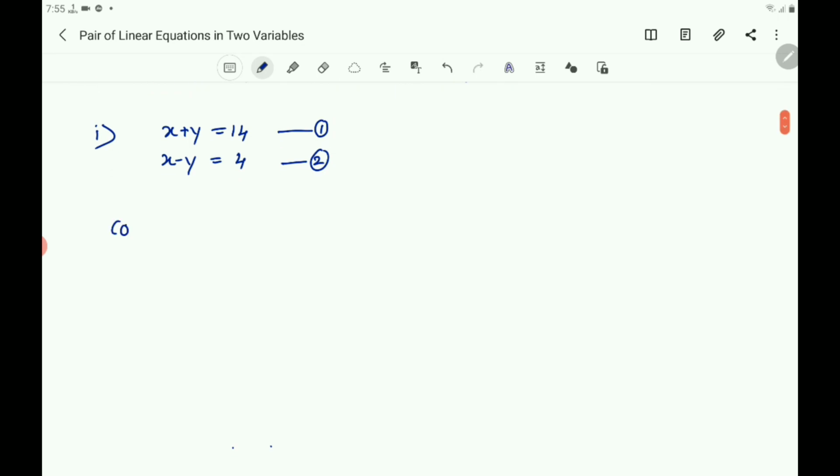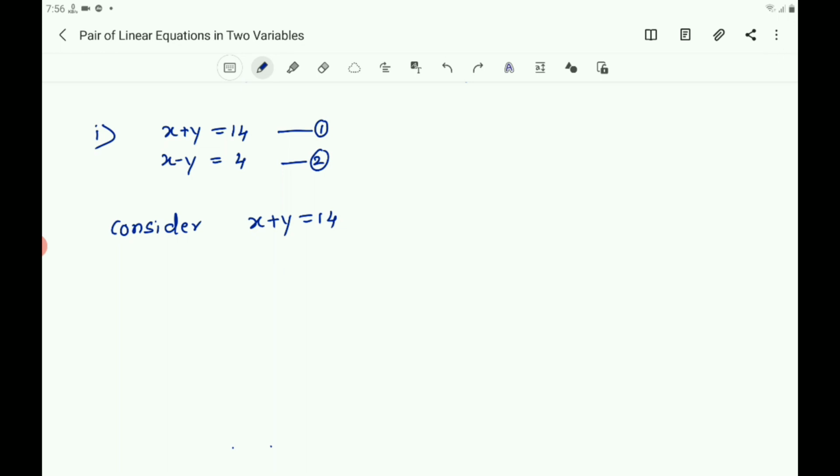Consider x plus y equals 14. Now you can transfer y to the RHS, then the equation becomes x equals 14 minus y, or you can transfer x to the RHS, then the equation becomes y equals 14 minus x.